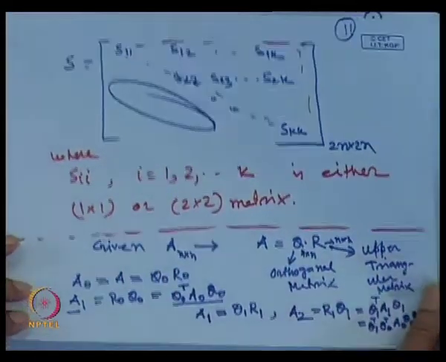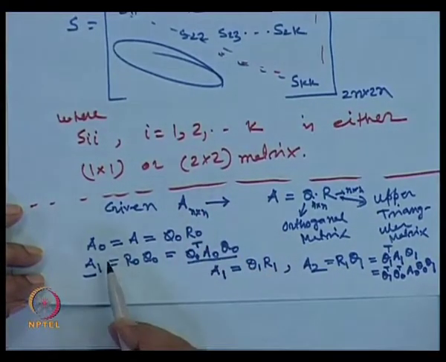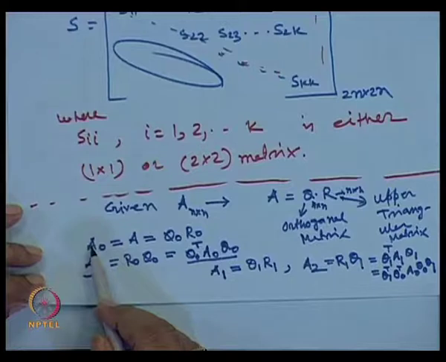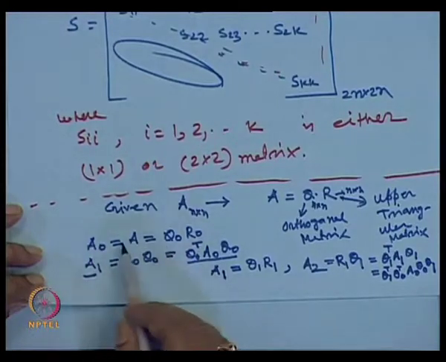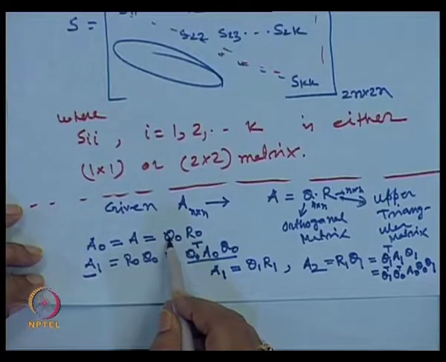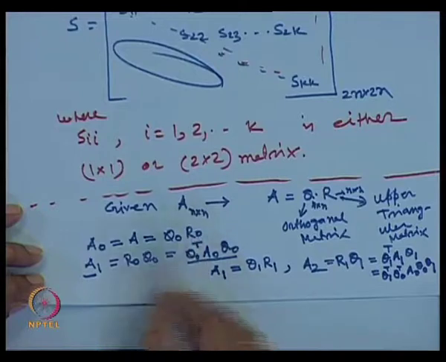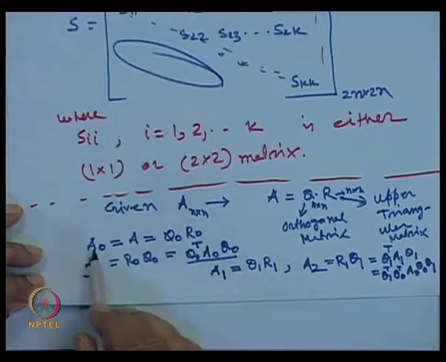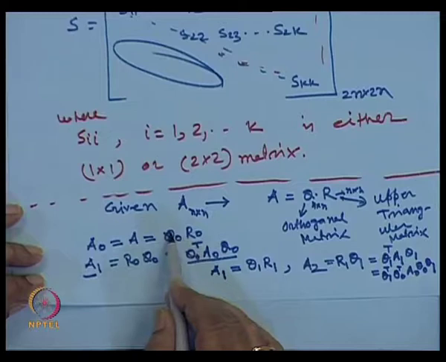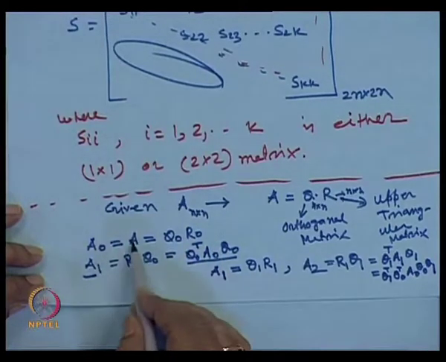We are discussing that suppose any matrix A is given, then you assign a matrix A0. You decompose this as Q0 into R0, where Q0 is an orthogonal matrix and R0 is an upper triangular matrix. Then rewrite it by reversing the order, R0 into Q0, which is not equal to A0.